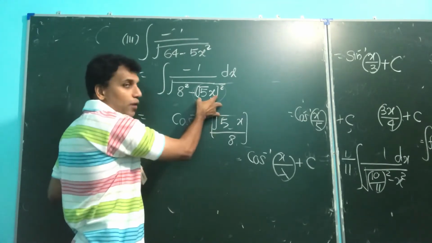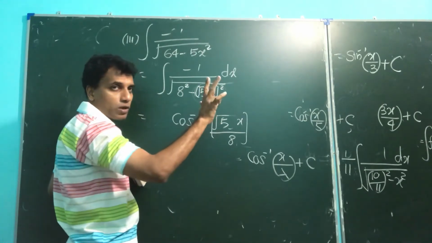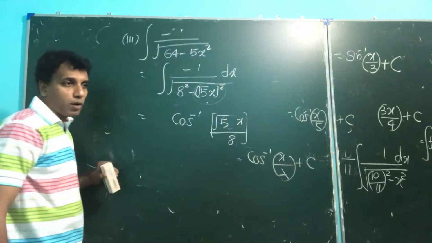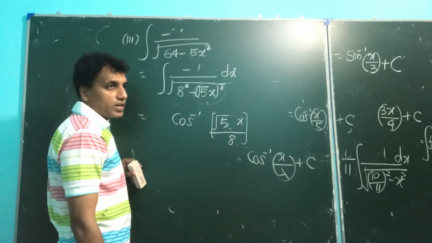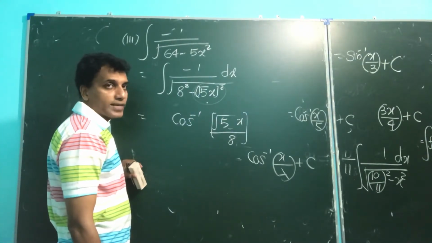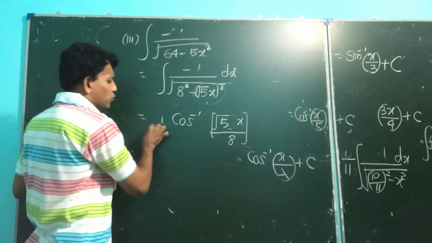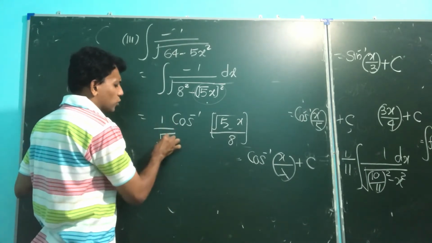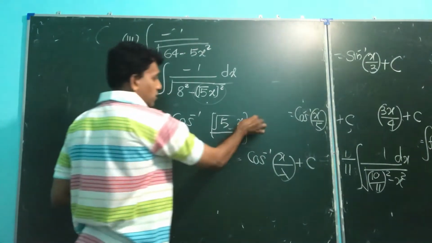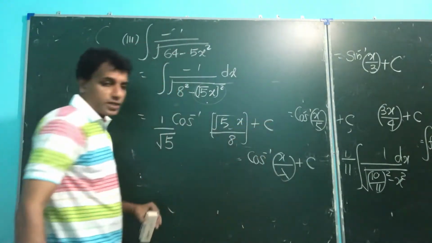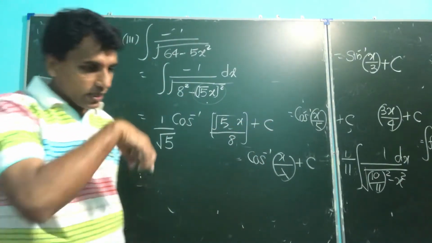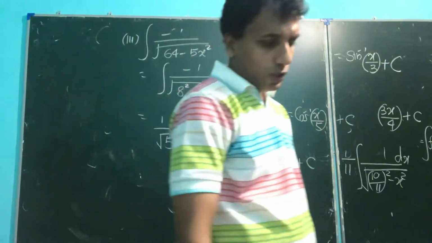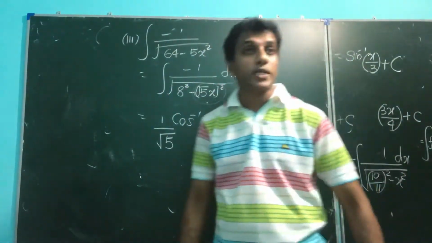So the differentiation of root 5x is root 5. Always in an integration problem, find the differentiation and write its reciprocal. That is 1 over square root of 5, plus c. Okay, this is the answer, right? This is the standard integral that is number 20.